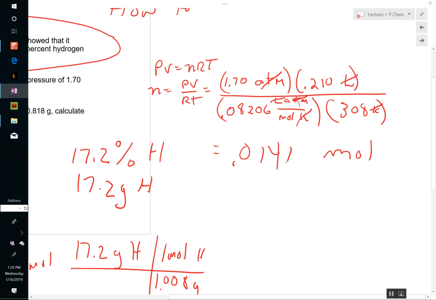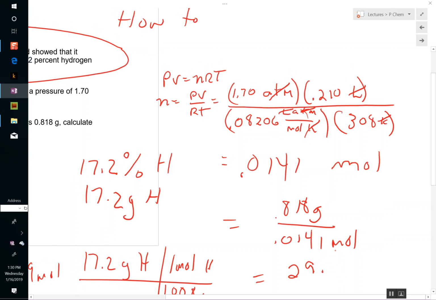0.0141, something like that. And then if you take that, 0.818 grams per 0.0141 moles, you get a molar mass of something like 29.07 or 29.1 maybe.